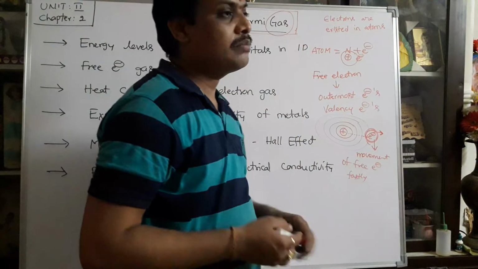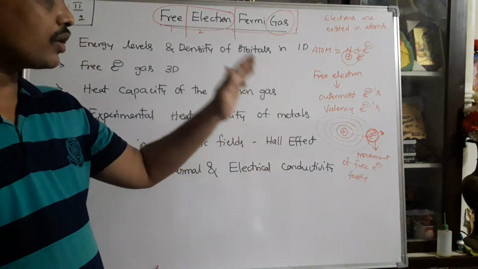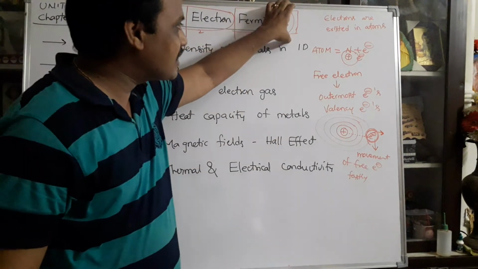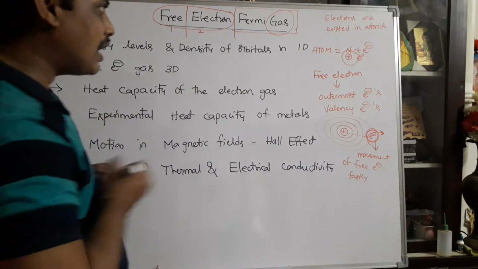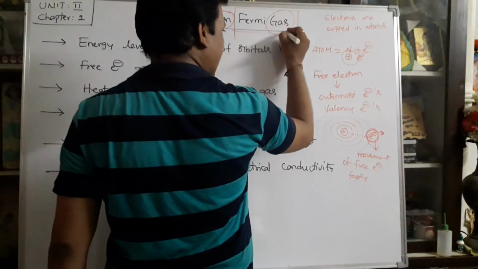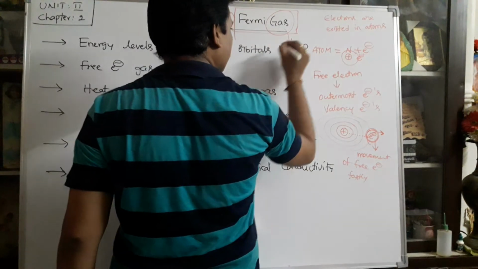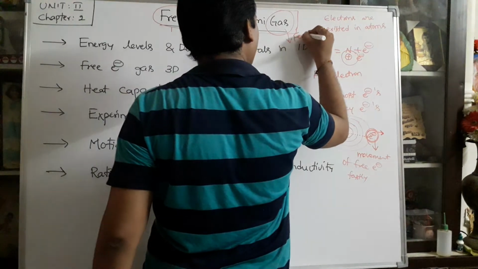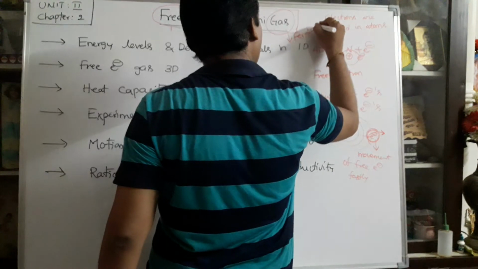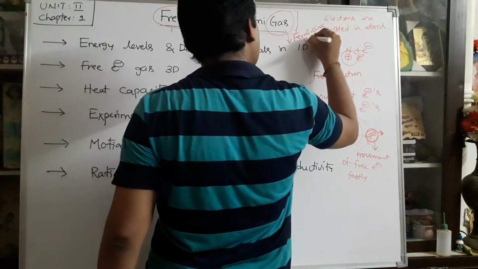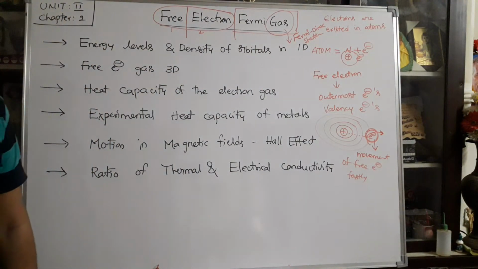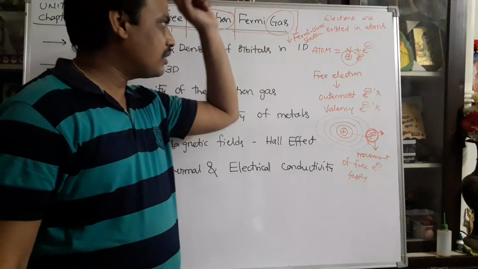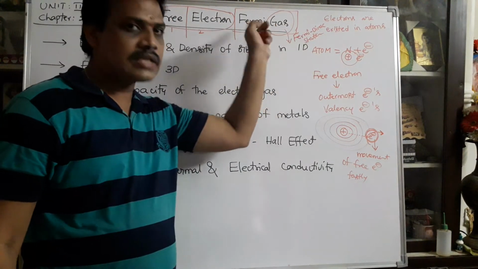So a gas is a collection of a number of electrons. This gas can be converted into a Fermi gas. What is a Fermi gas? The electrons or atoms which obey Fermi Dirac statistics. That number of free electrons obeying Fermi Dirac statistics is called a Fermi gas.